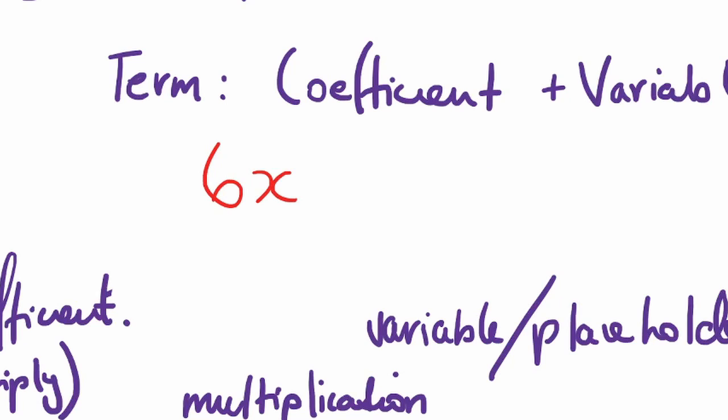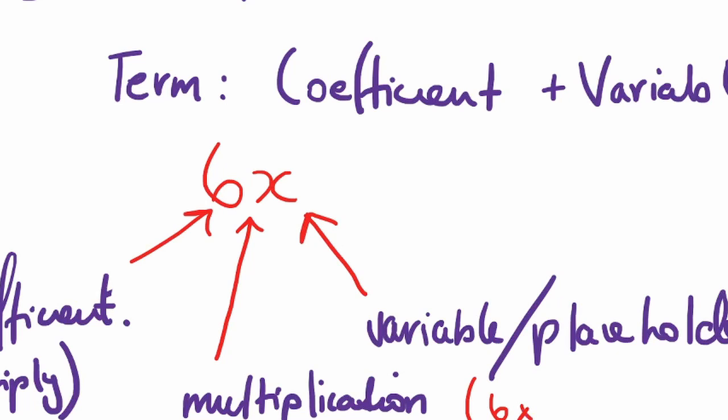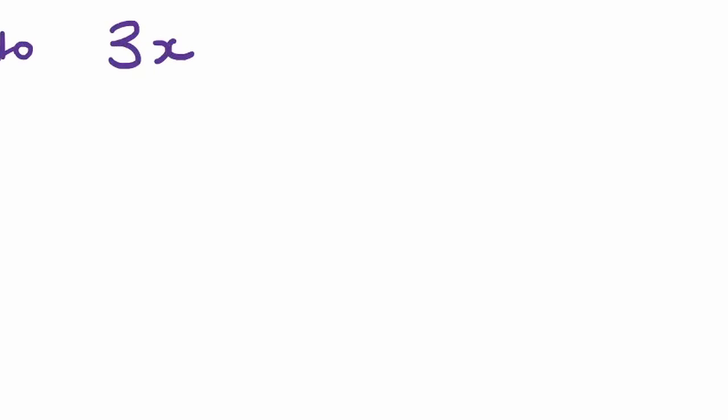So in this case, it would be 6x. So our coefficient is 6. Our variable is still x. X is still our placeholder. And it is still a multiplication relationship indicating that it is 6 times x. Here we have an example where I have specified that x is going to equal 5.